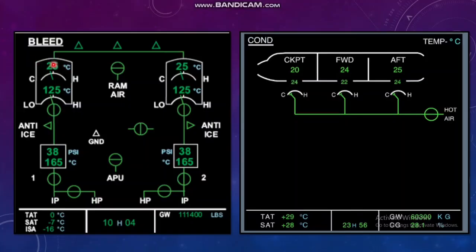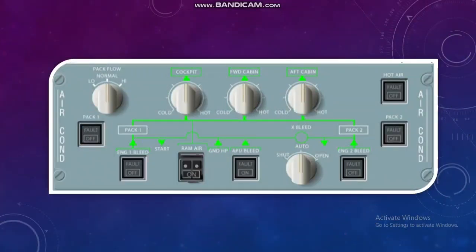Lots of sensors are there, and this is cold or high. This is your turbine bypass valve, and this is your compressor outlet temperature sensor, and this is your pack flow, whether it is low or high, and this is your FCV. So this is the general diagram of the bleed page and condition page.